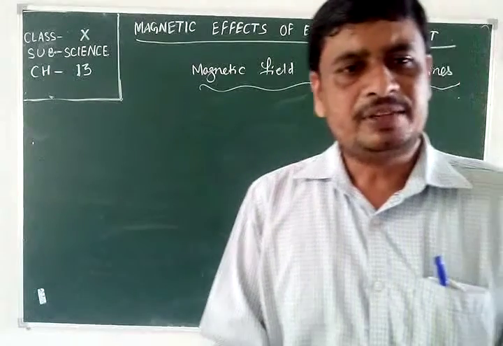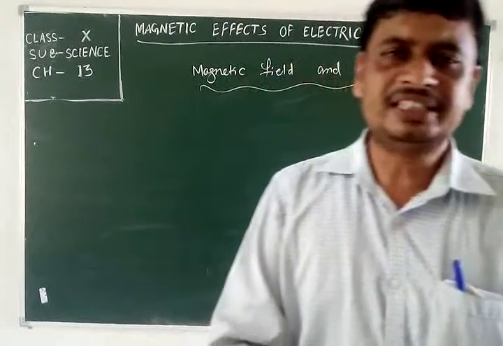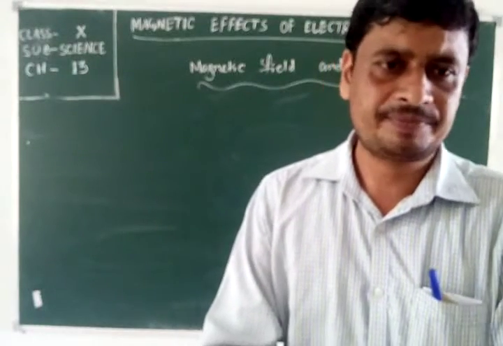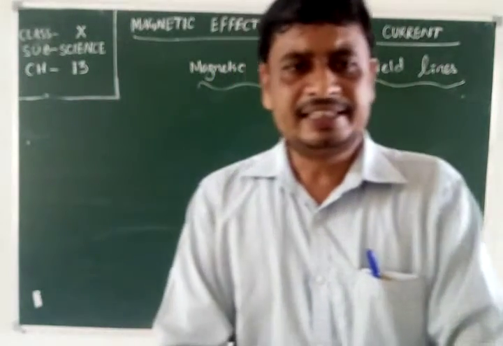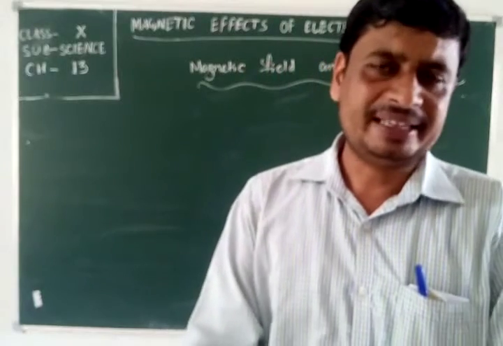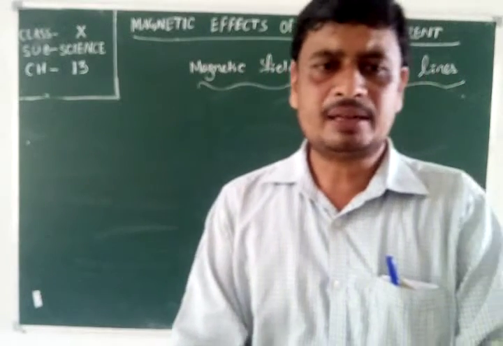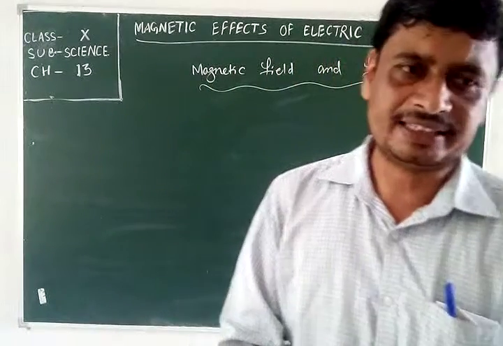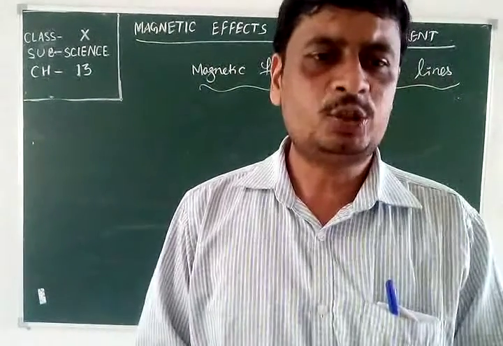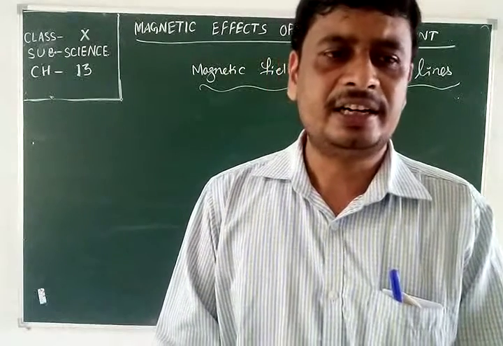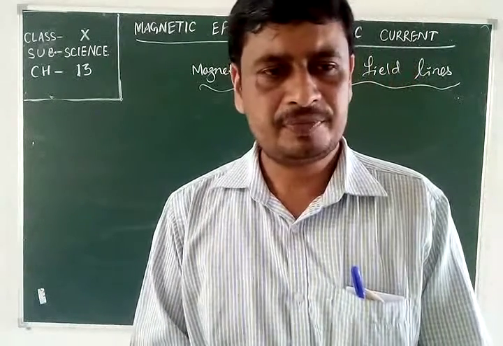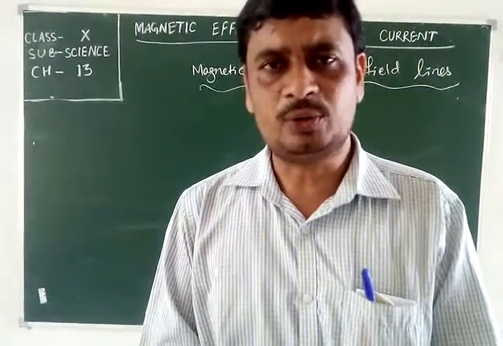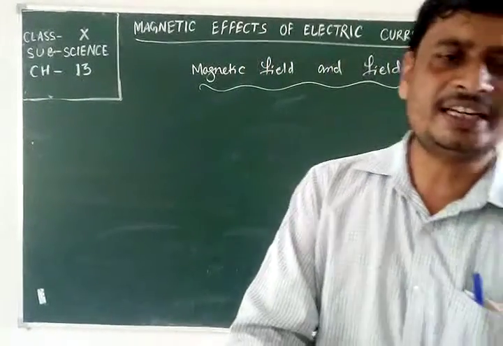We are familiar with the fact that a compass needle gets deflected when it is brought near a bar magnet. A compass needle is in fact a small bar magnet. The ends of the compass needle point approximately towards the north and south direction. The end that points towards north is called north seeking or north pole, and the other end that points towards the south is called south seeking or south pole.